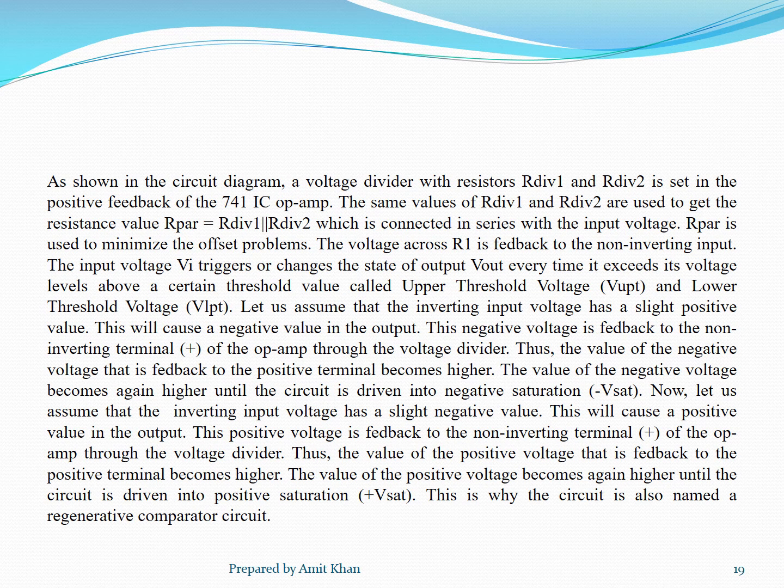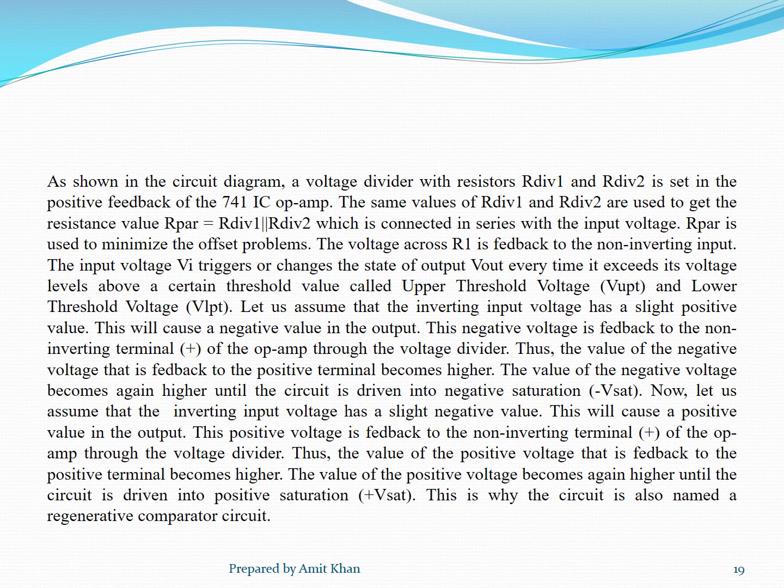As shown in the circuit diagram, the voltage divider with resistors R_DIV1 and R_DIV2 is set in the positive feedback. The same values for the divider resistors are used to get the resistance value R_PAR, that is R_DIV1 in parallel with R_DIV2, which is connected in series with the input voltage.